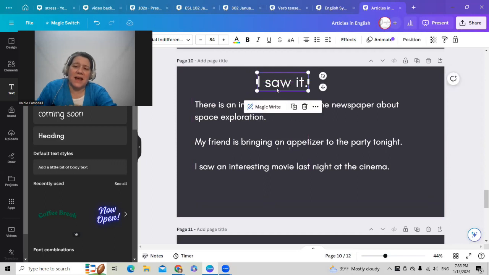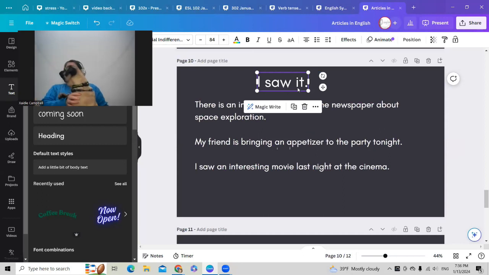This has a vowel sound, I saw, and then it has a vowel sound, it. We don't like to put two vowel sounds together like that. It's difficult for us to say, I saw it.